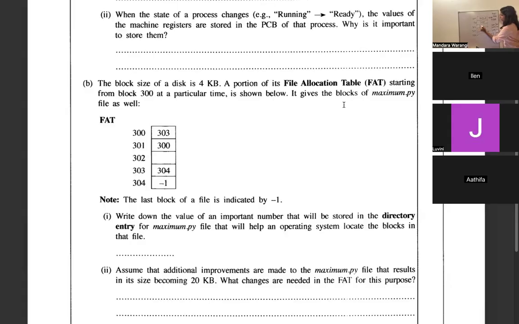Here we can allocate 303, then 304, and then minus 1. That's one thing. So the only block available is 302.